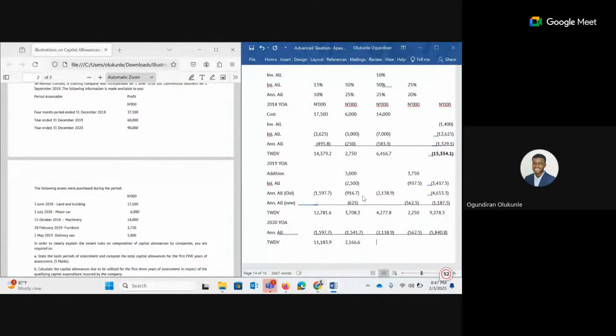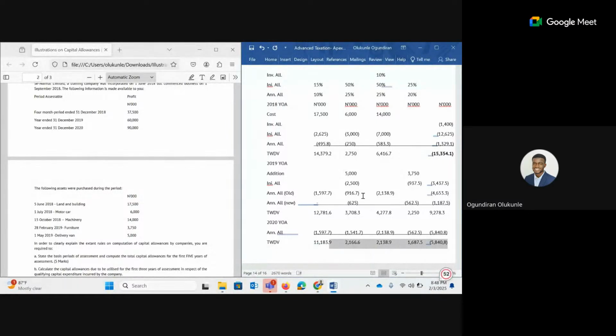Next one, 2138.9. 1687.5. So this one I just have to bring the 5840.8 down. All right, and that's all.